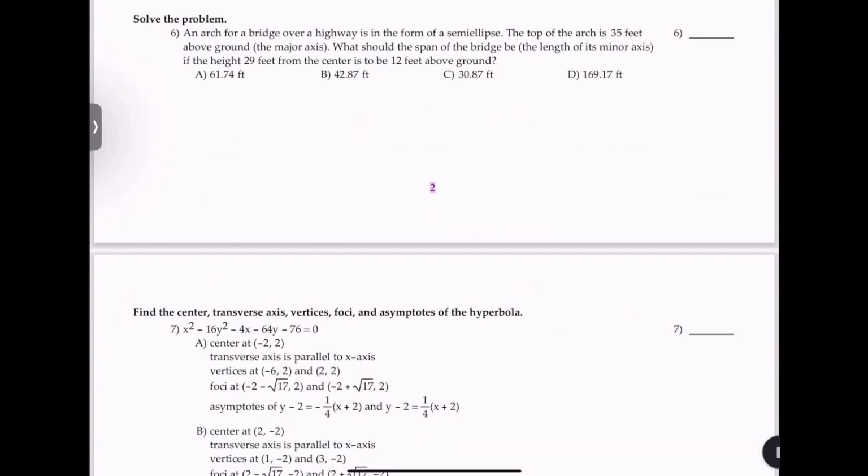The top of the arch is 35 feet above the ground. Where did I put it? Let me go back to it. I downloaded LabWork 10 and LabWork 11, and the review, but not LabWork 9. Actually, let me just do this. I think this will be easier.